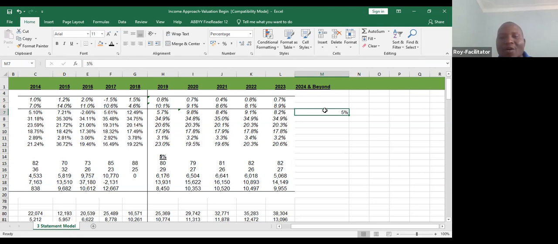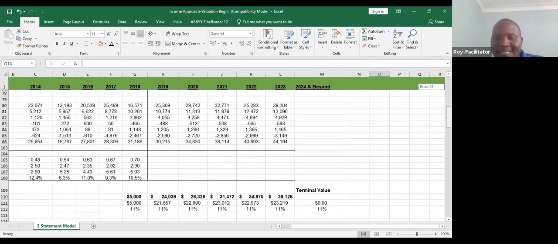Now it's stable. So I'll put maybe 5%. I can as well put 6%. Okay, so beyond that it will grow at a lower pace, let me just put 4 maybe. So that is the assumption.